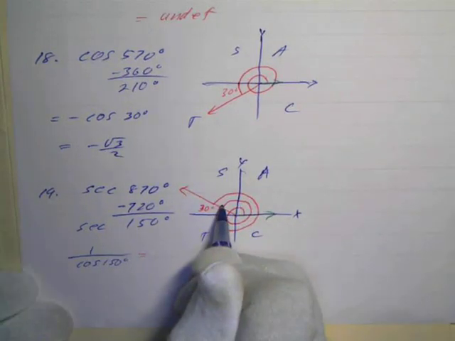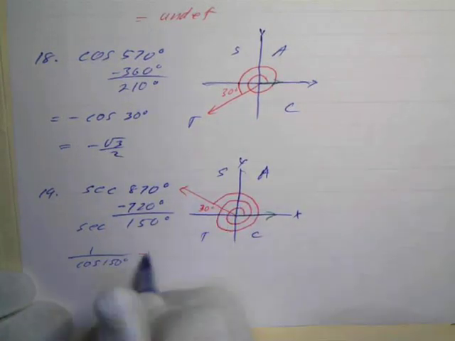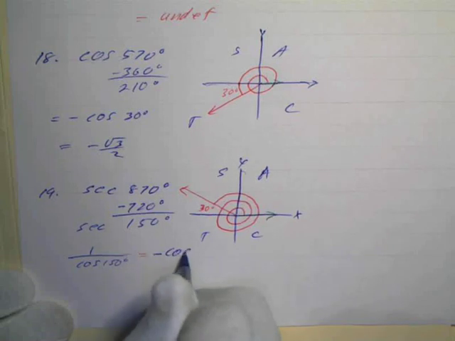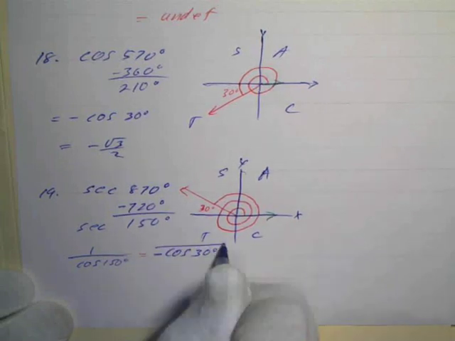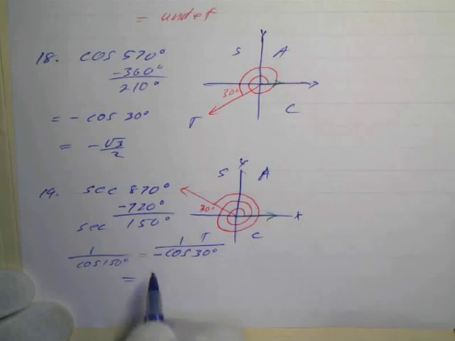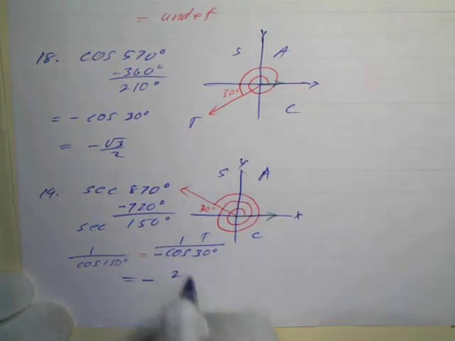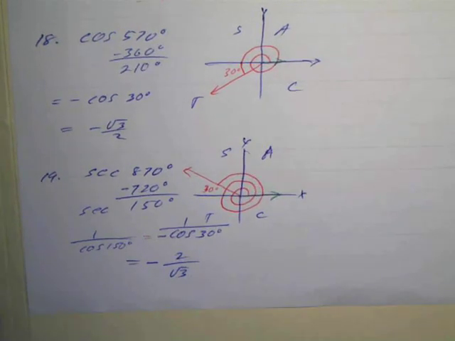So the cosine in this quadrant is negative, so it's going to be 1 over negative cosine of 30 degrees. The cosine of 30 degrees is the square root of 3 over 2, so negative 2 over the square root of 3. You can rationalize that if you want, or leave it like that. It's fine for me, okay?